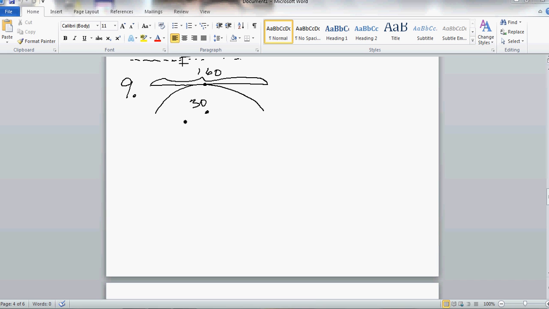Find the height of the arch at 10 feet from its center. So in other words, 10 feet away here. Now, how are we going to do this? Well, I would put the top of the arch right there at our origin.